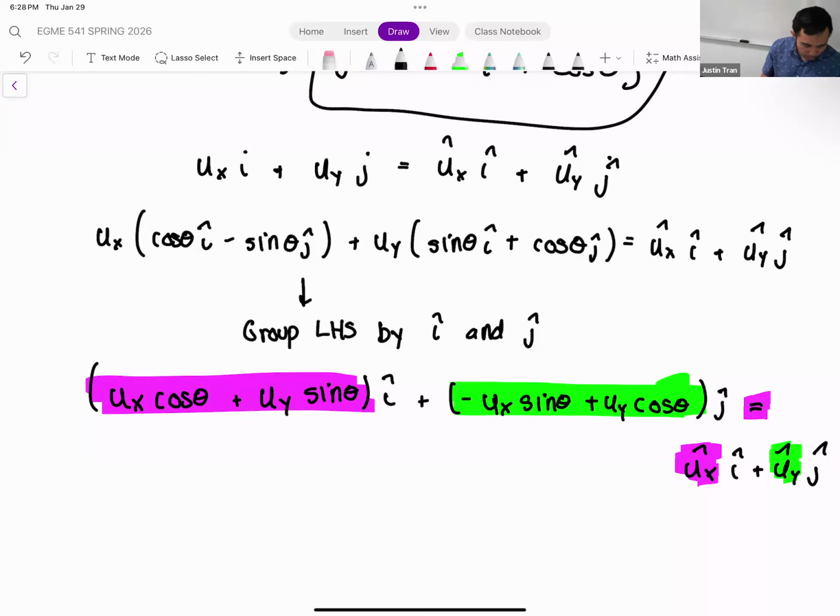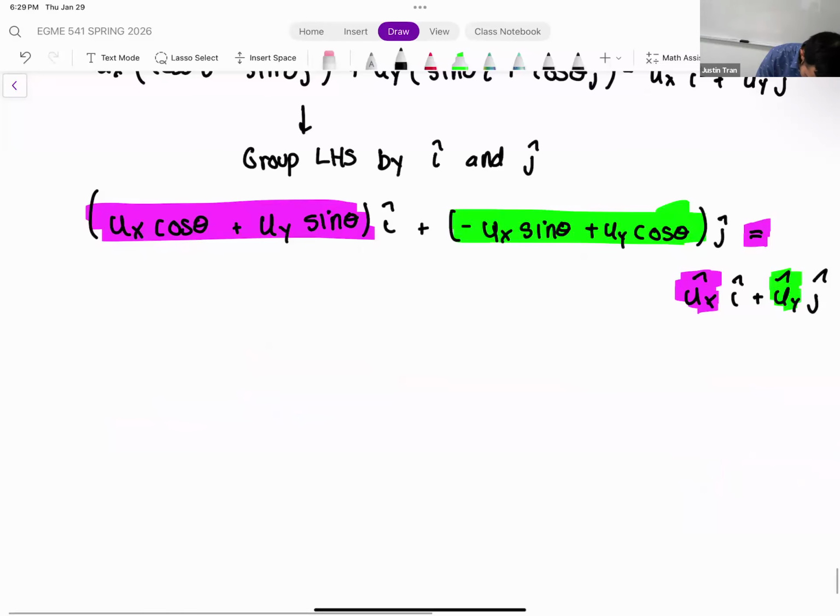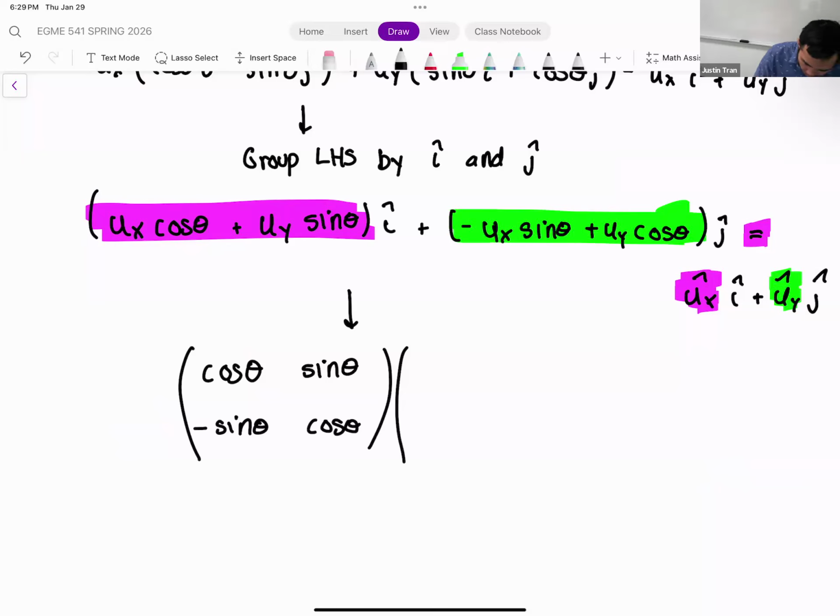So we can form two equations for these. And just like we always like to do in this class, let's put these in matrix form. So if we do that, we get the following: cosine theta, sine theta, minus sine theta, cosine theta, multiplied by ux, uy, and this is equal to ux hat, uy hat.